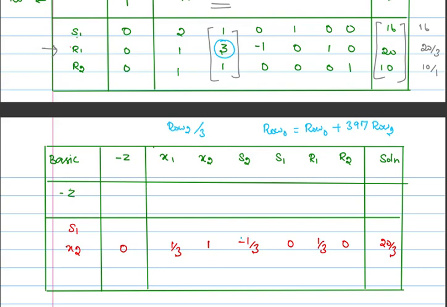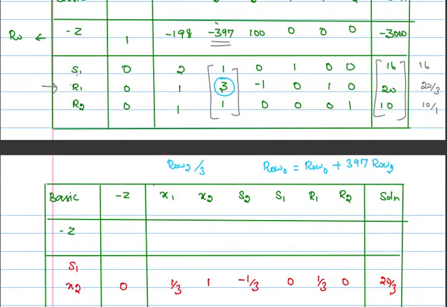Now what will happen? These guys become 198. So here you will get 1. Here you will get minus 197 divided by 3. Here you will get 0 because that way only we will form.